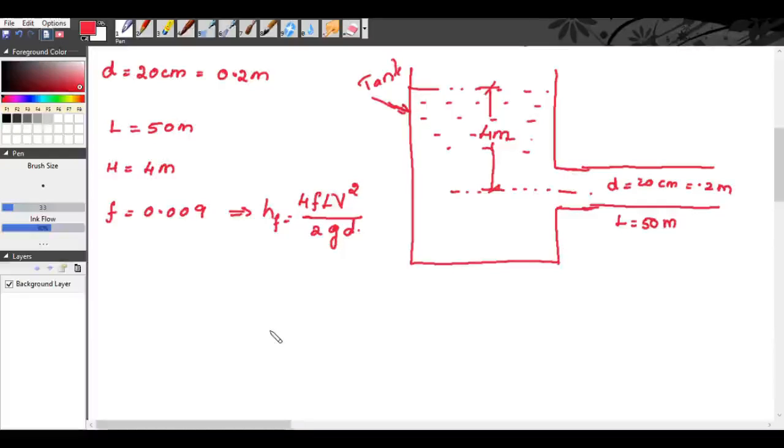We know discharge is equal to area into velocity. So we need to find the velocity first. In order to find the velocity, we can use this formula. We know F, we know L, but we don't know the velocity, and we do not know the total hydraulic loss. So what we can do is apply Bernoulli's equation.